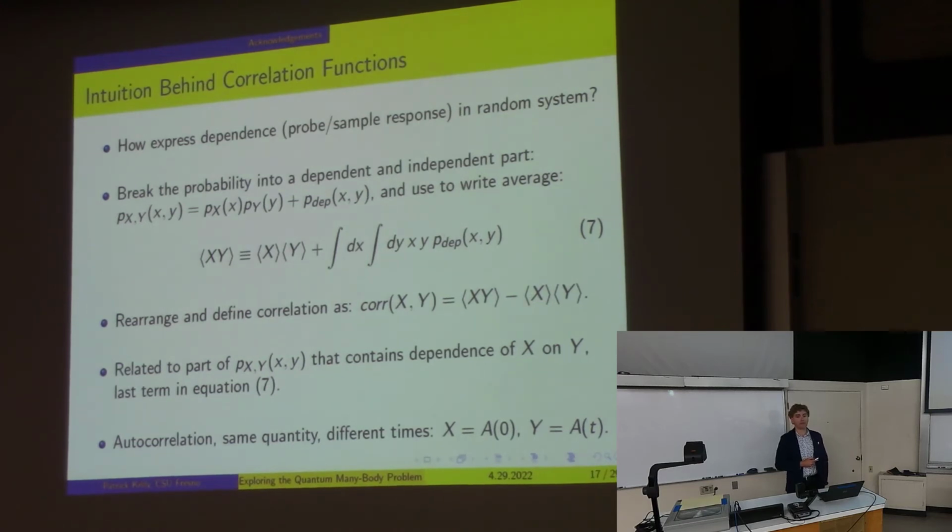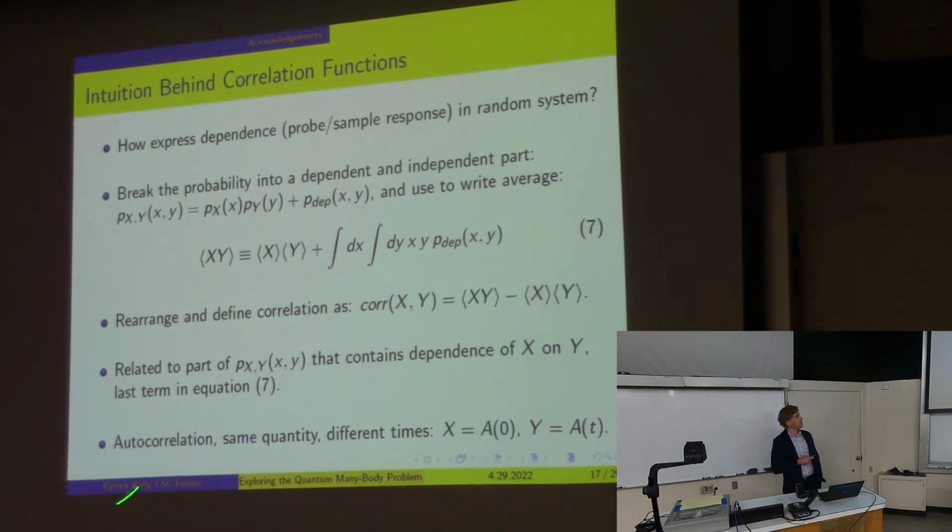It's related to the part of the joint probability that contains the dependence of x on y and vice versa, the irreducible part of the randomness, the contribution to this product that comes from x depending on y and y depending on x.